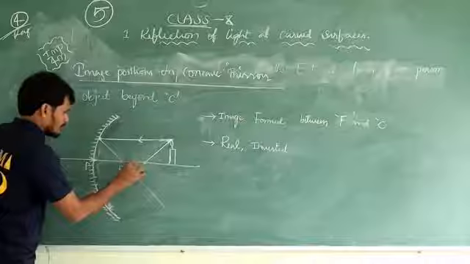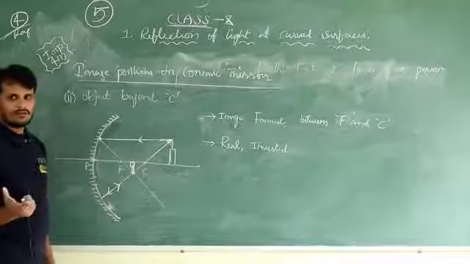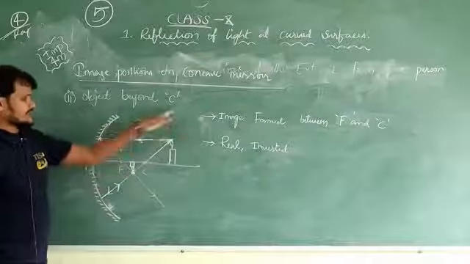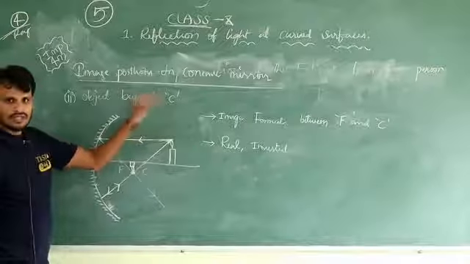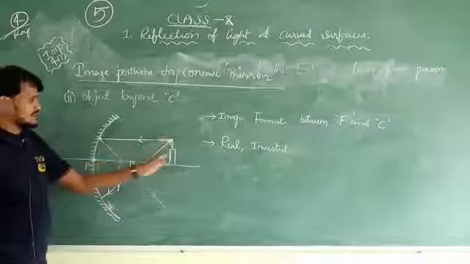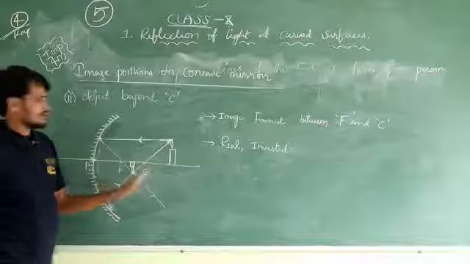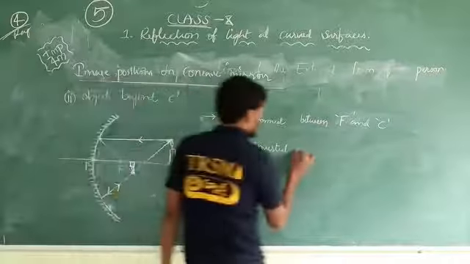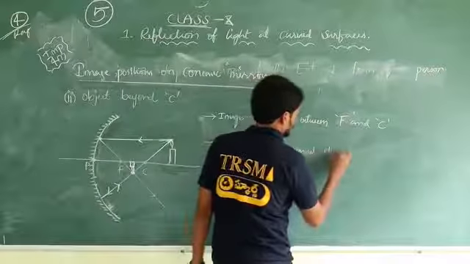Now tell me the size. If greater than the object size, it is enlarged; if less than the object size, diminished. So a real, inverted and diminished image is formed.